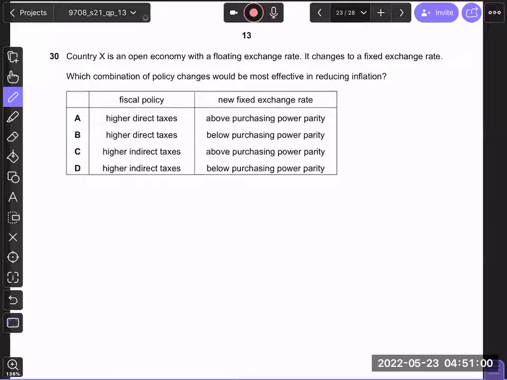Country X is an open economy with a floating exchange rate. It changes to a fixed exchange rate. Which combination of policy changes would be most effective in reducing inflation? Now what you have to do is reduce inflation. So which policies?